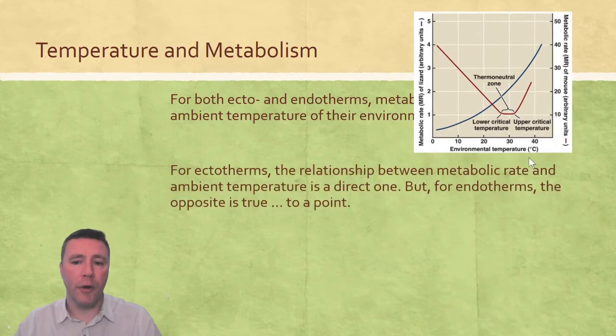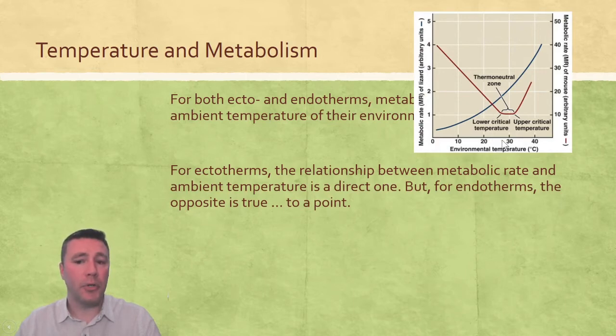For an ectotherm, it's pretty obvious to see what the relationship is. It's a direct one. As environmental temperature increases, metabolic rate also increases. This is true because as environmental temperature increases, the organism's temperature increases, and therefore the subsequent change in metabolic rate is a parallel one.